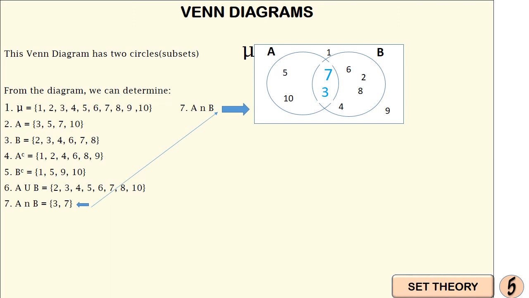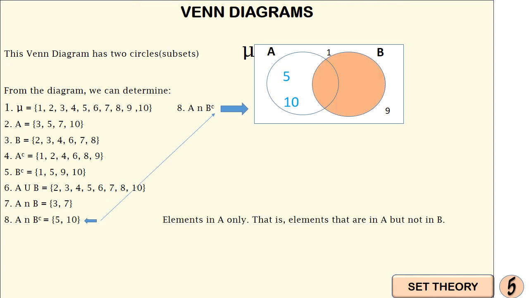On the other hand, A intersection B is the set that contains elements common to A and B. Using this Venn diagram, we realize that 3 and 7 written boldly are the elements found in the set A intersection B.